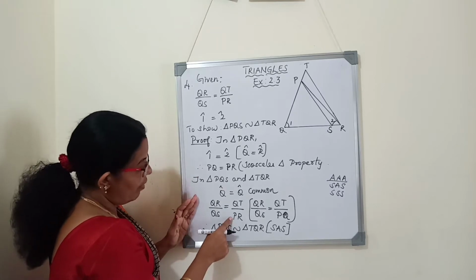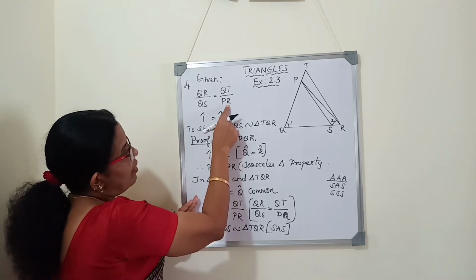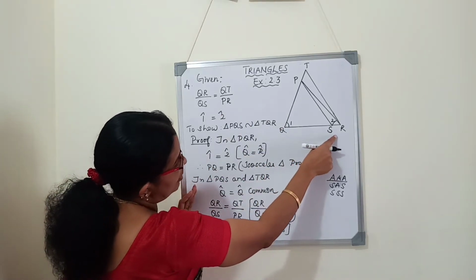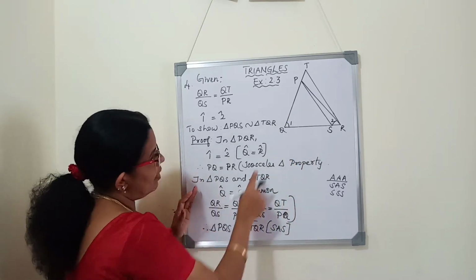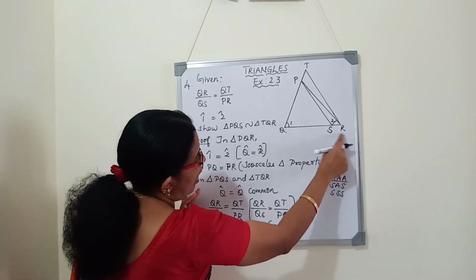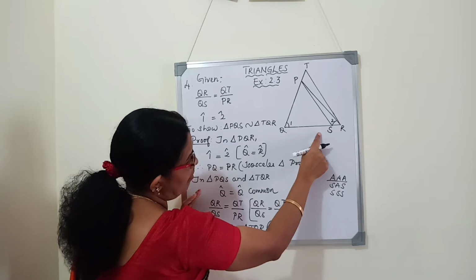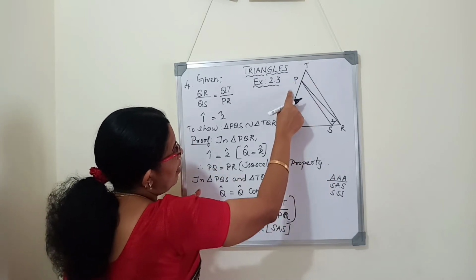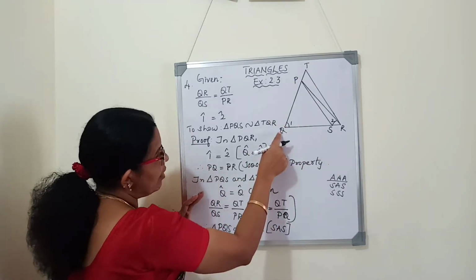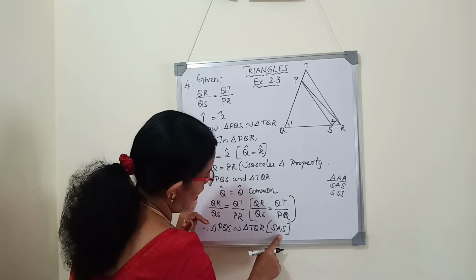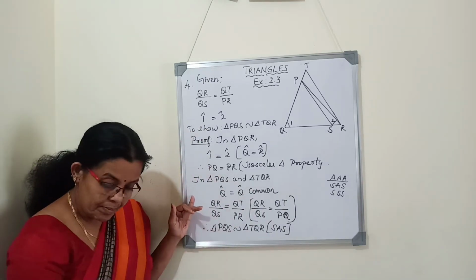That is, we only have to change in the given PR is equal to PQ. So when we write PQ, QR by QS, bigger side by smaller side, QT by PQ, and the included angle, the triangles are similar by SAS similarity criteria.